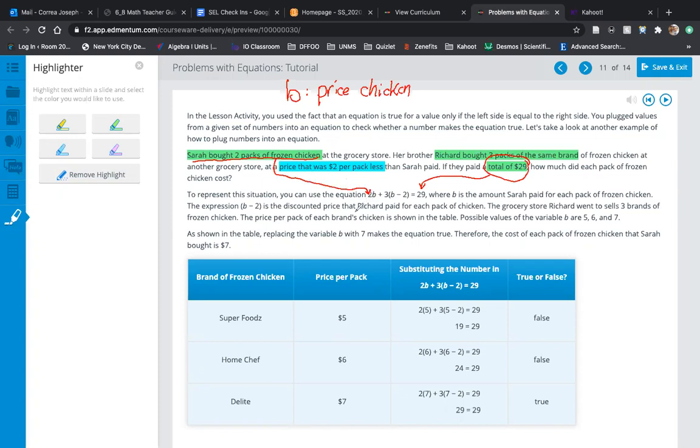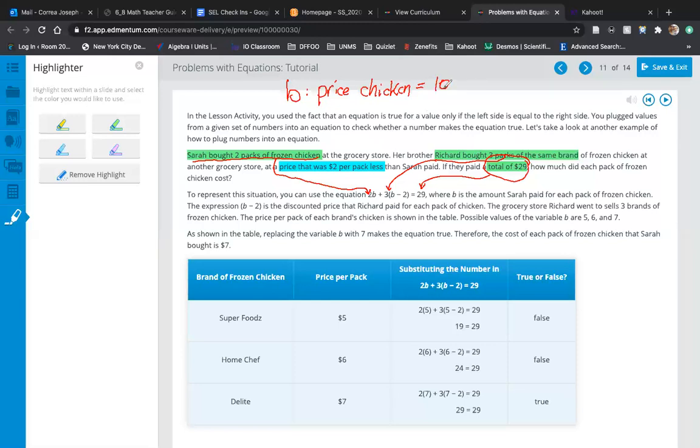Now, we also know that her brother bought 3 packs of frozen chicken. So if you're not paying attention, you might say, okay, so it's just 3 times B. But we have to be careful, right? Because that chicken is $2 less. So if you're getting confused by the variables, think about an example. Let's say that, for example, the chicken costs $10.